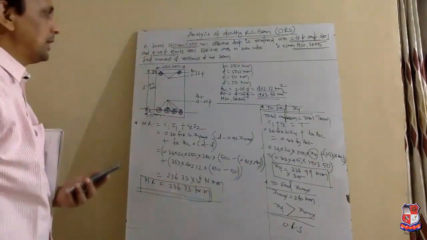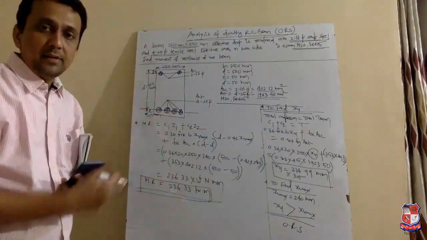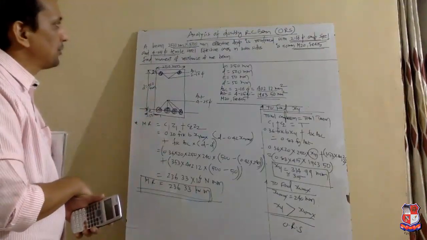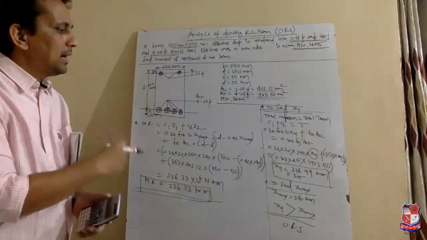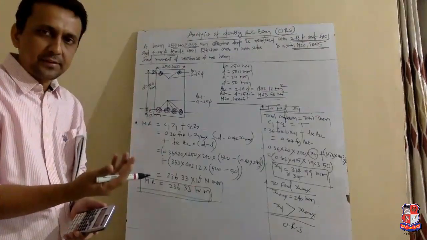So in this way, we can calculate the moment of resistance of a doubly reinforced beam having an over reinforced section, right?